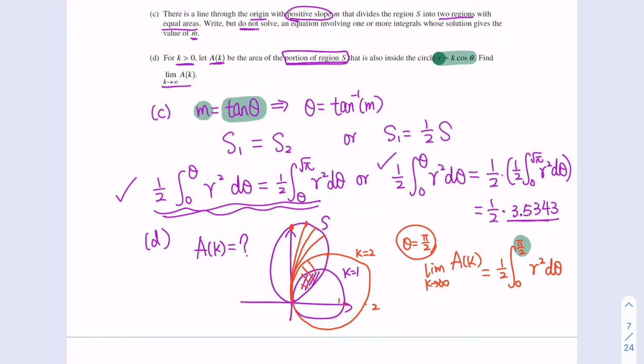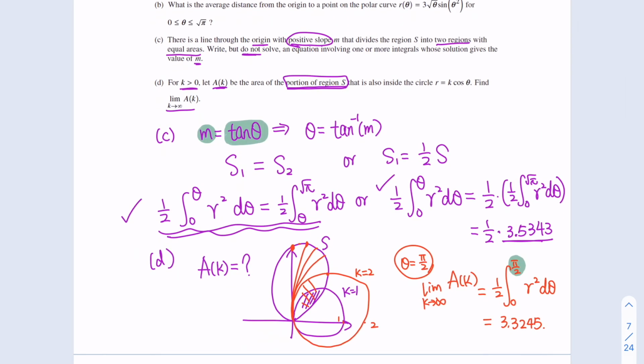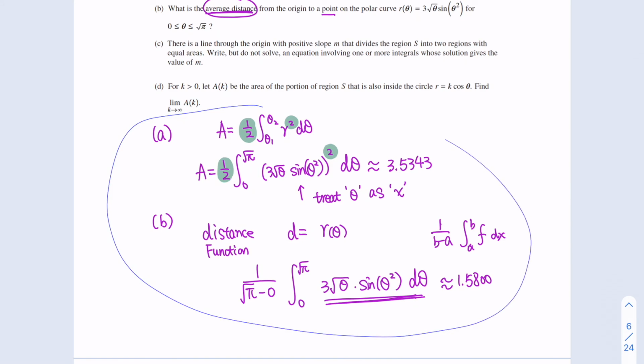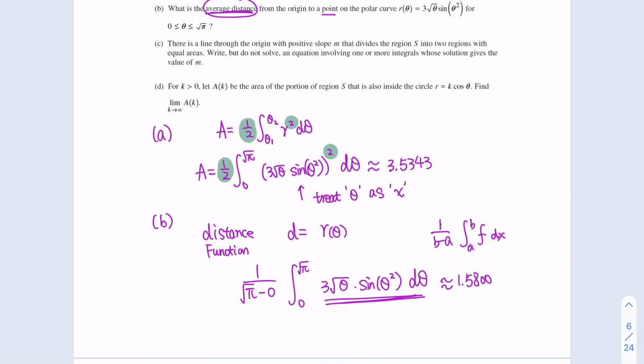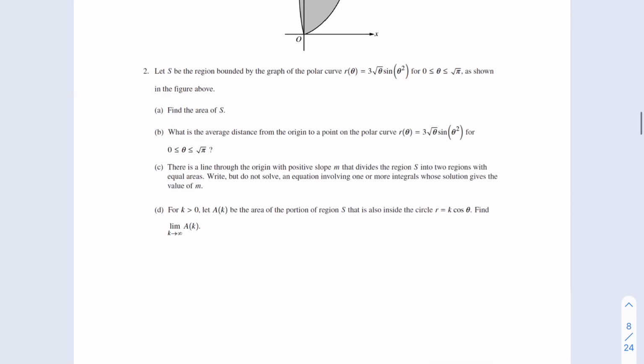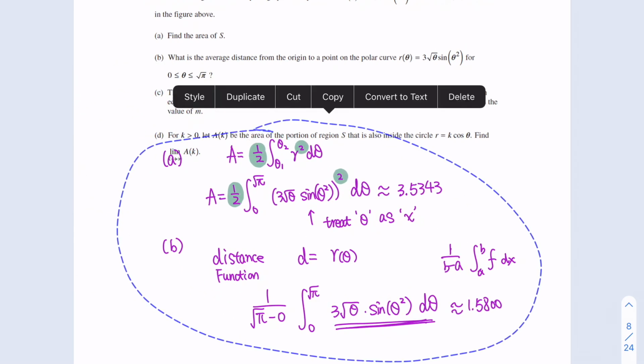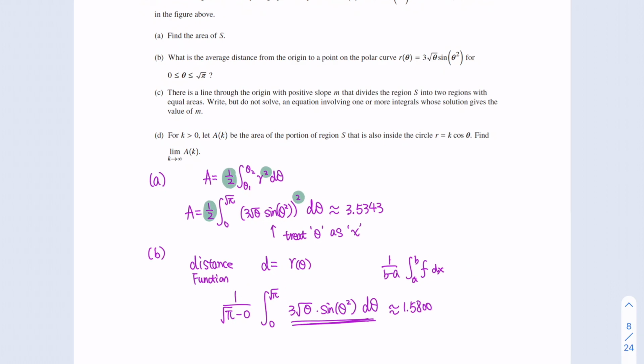After we plug this into our graphing calculator, this gives us 3.3245. Let's have a look at how they grade this problem. Let me copy this answer here. If you have any questions after I explain this, let me know.